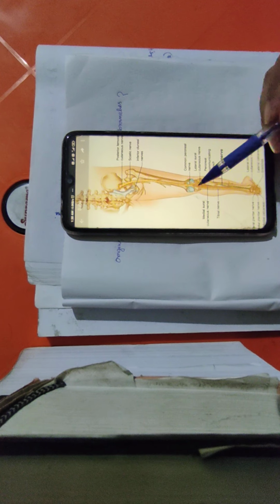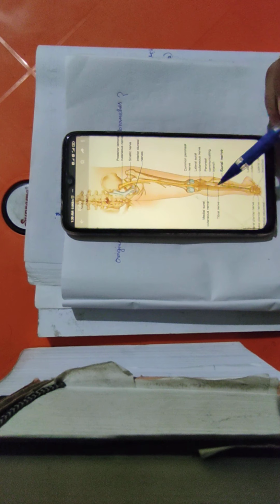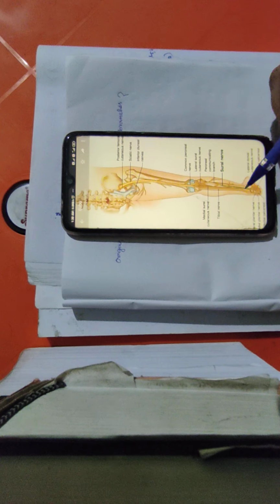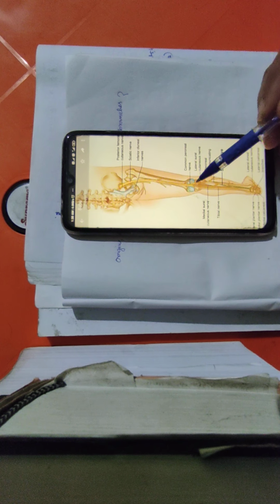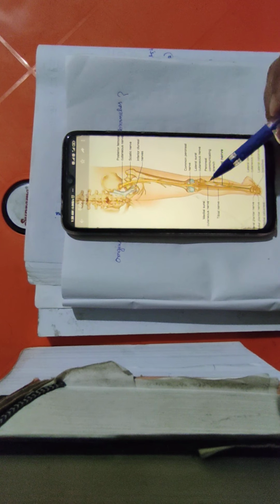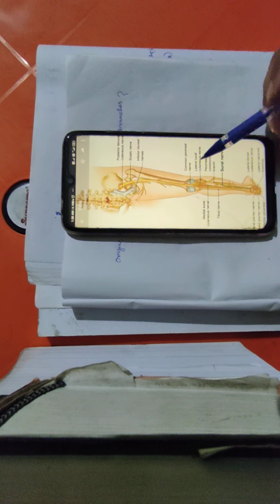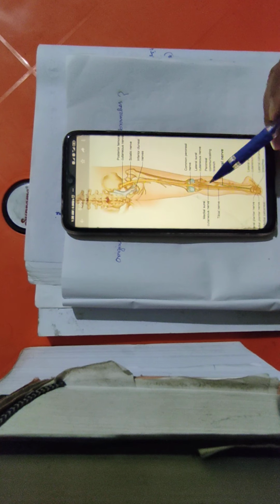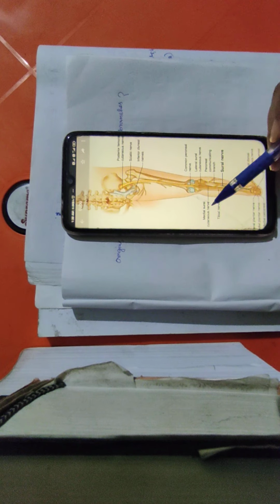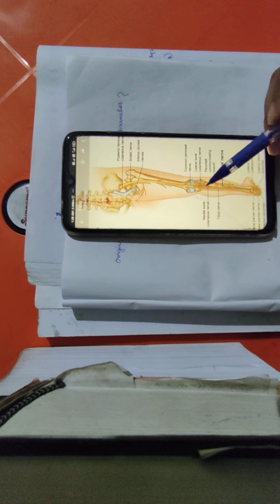Here the tibial nerve is situated like this in the back of the leg, and this is the common peroneal nerve. It again gives a branch, the lateral sural cutaneous nerve, and also a medial sural cutaneous nerve which comes from the tibial nerve.